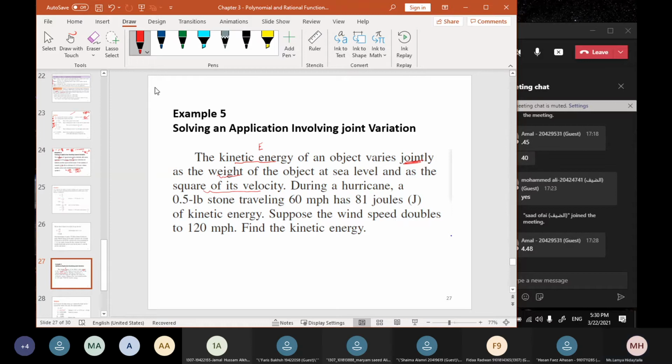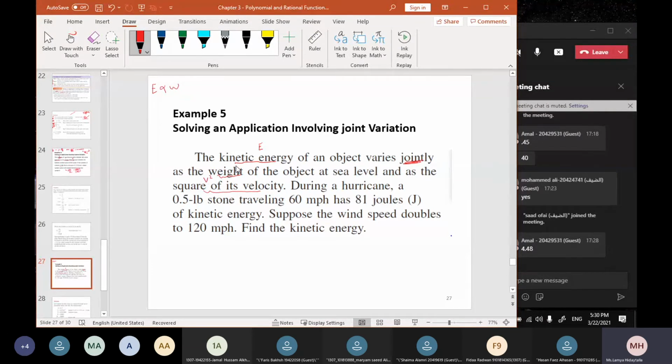Jointly, E varies jointly with what? With the weight of the object and the square of the velocity.